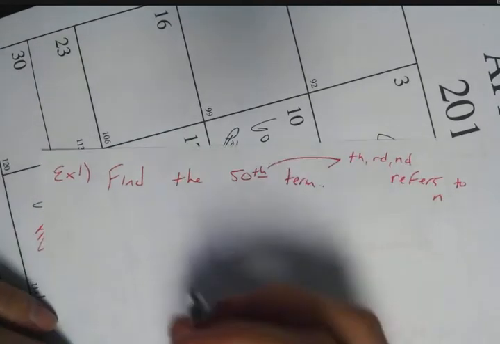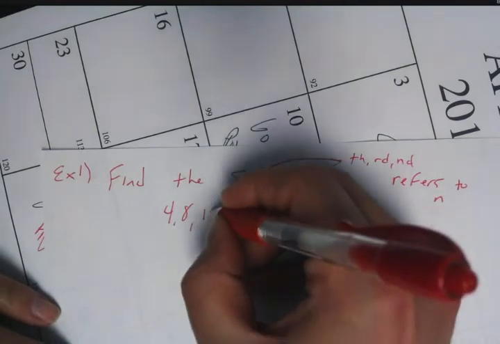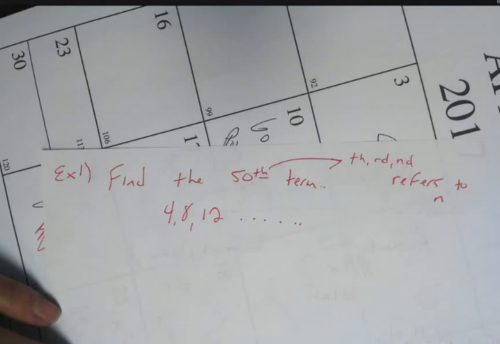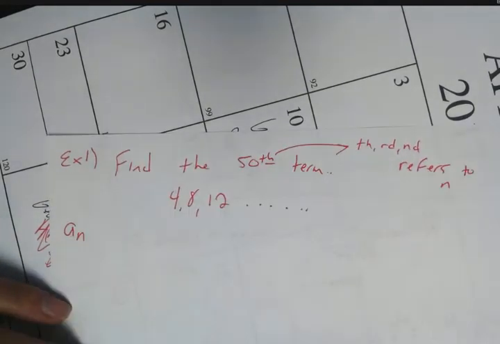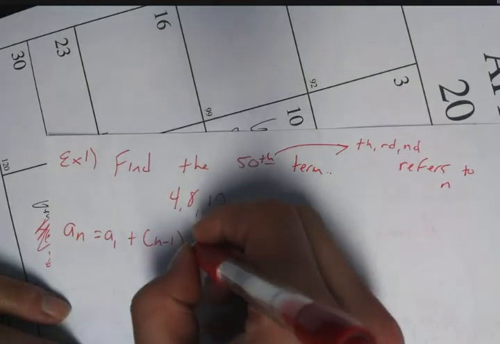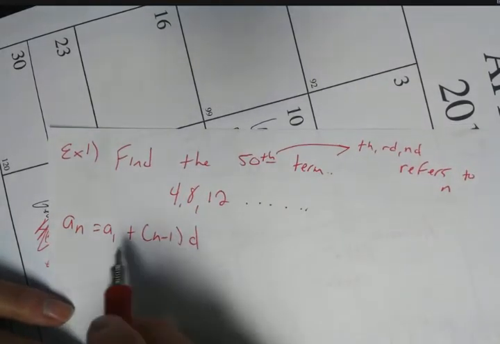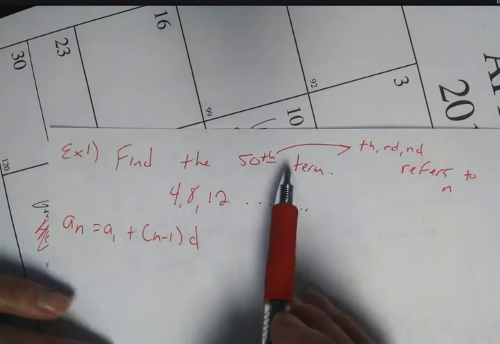Okay, so here's my sequence. And we're going to use the formula. So I'm going to rewrite the formula here so we can all see it at the same time. And we're going to label things. Now that we've realized that we're finding an, you can find any of these four.